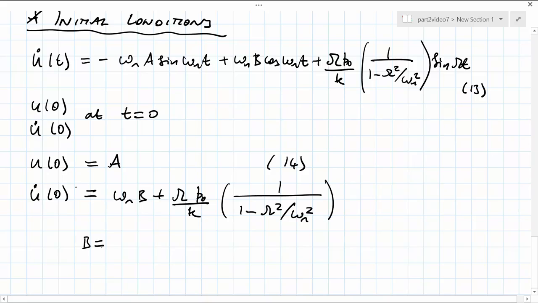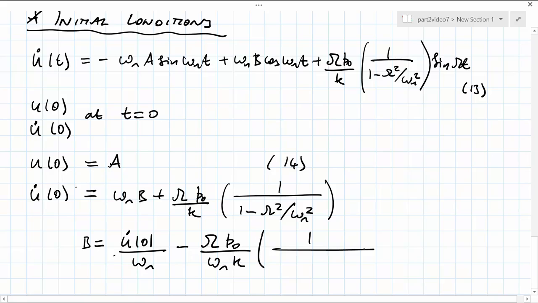So solving for B in this equation gives us the initial velocity divided by the natural frequency, from which we subtract the forcing frequency times the amplitude of the forcing function divided by the natural frequency times the stiffness, all multiplied by this ratio 1 minus capital omega squared over the natural frequency squared.